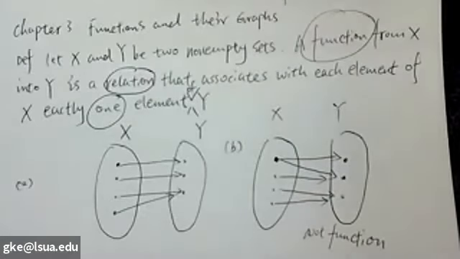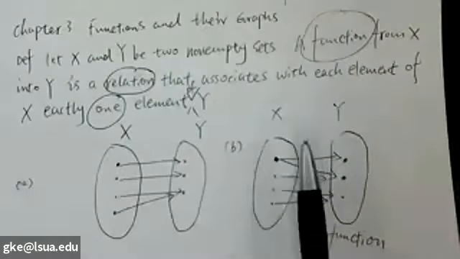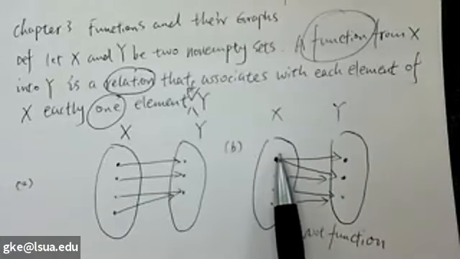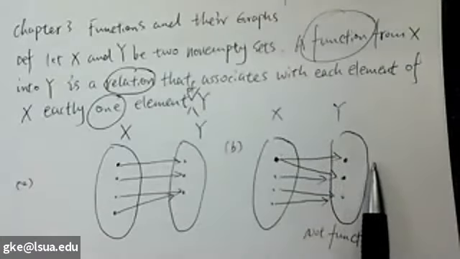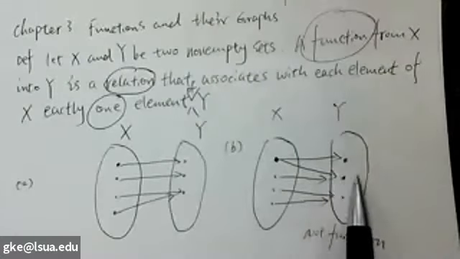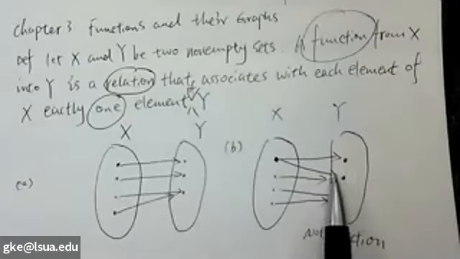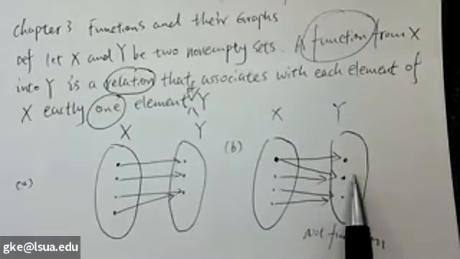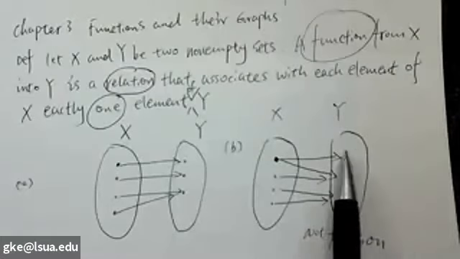Based on the definition, one element in X should have exactly one element in Y. However, in this case, we have two elements. You see it?